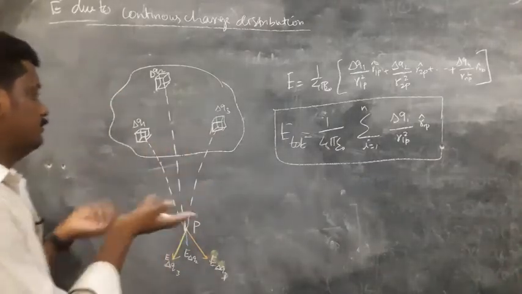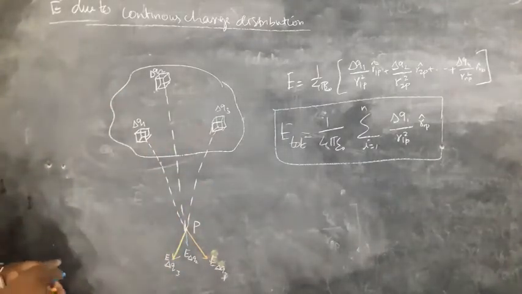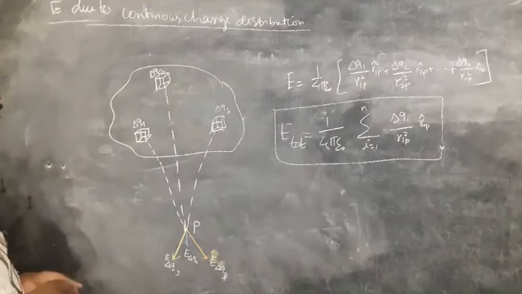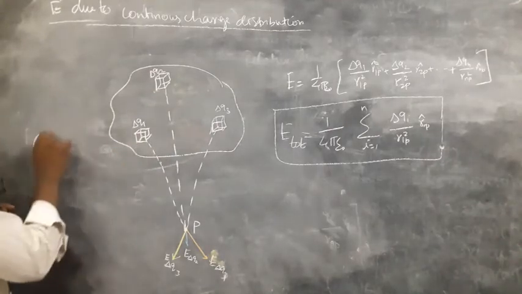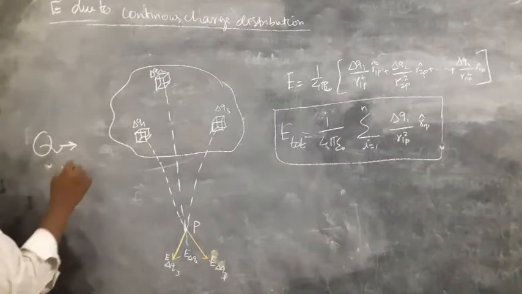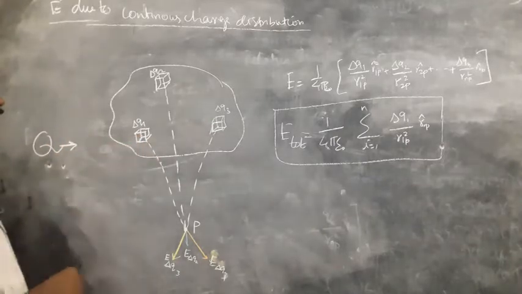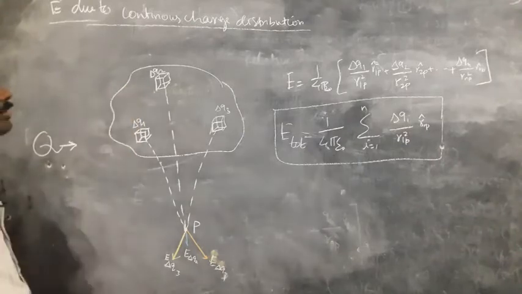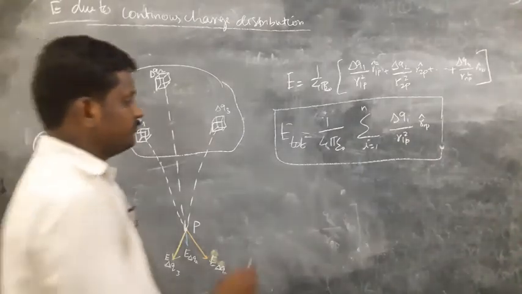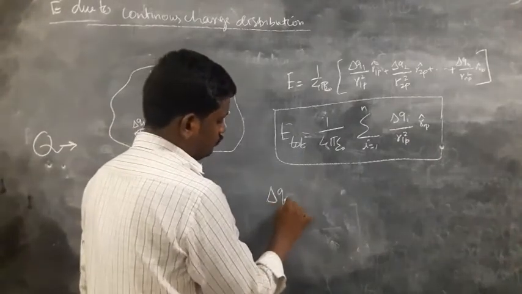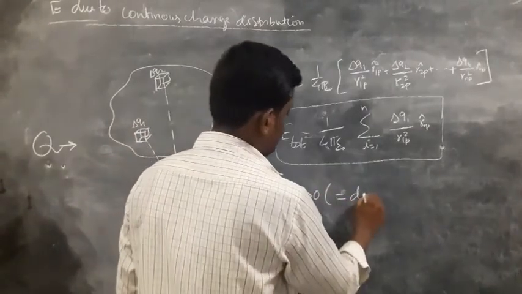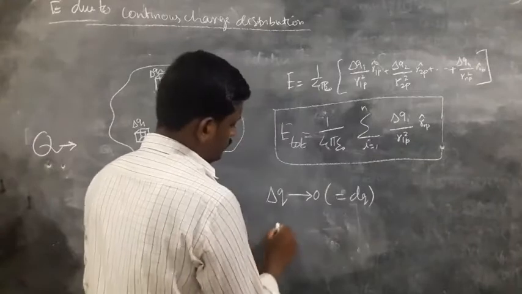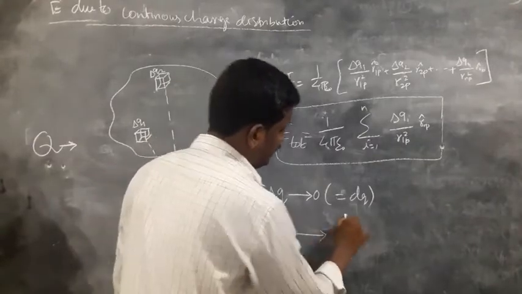Here we consider delta Q1, delta Q2, delta Q3 as point charges. The charge Q is subdivided into a large number of small quantities delta Q1, delta Q2, delta Q3 and so on. If delta Q tends to 0, that is equal to dq, so the summation becomes integration.